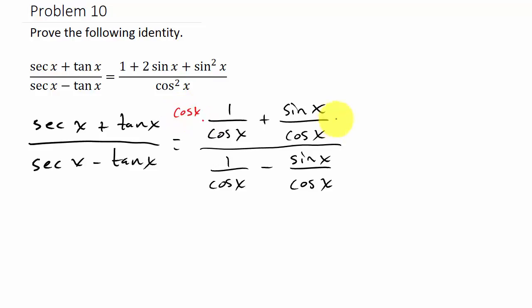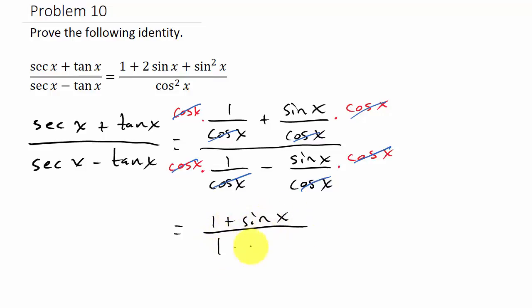So multiply this by cosine x, this by cosine x, this by cosine x, and this by cosine x. And you can see here the cosines cancel, and so that leaves me with 1 plus sine x over 1 minus sine x.